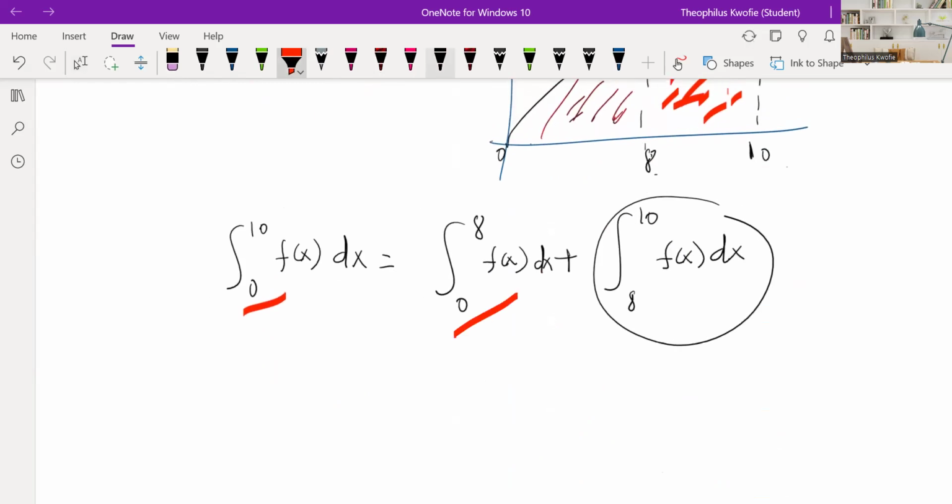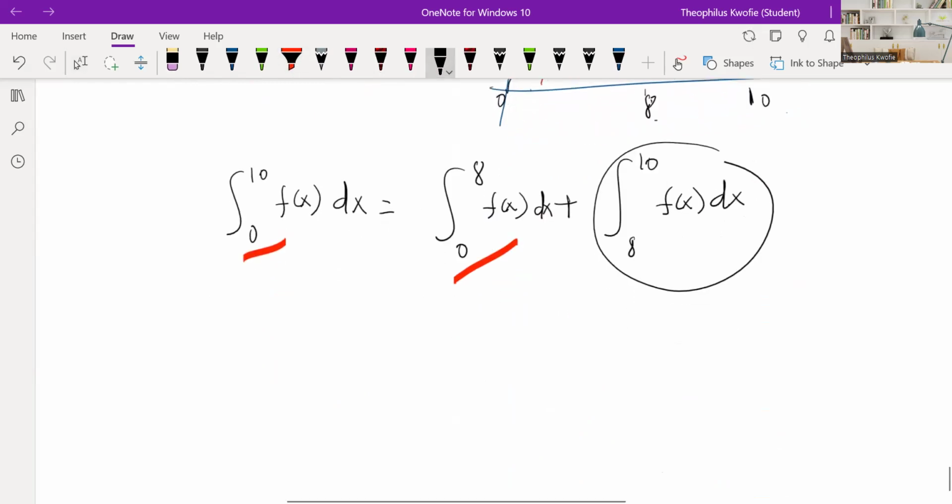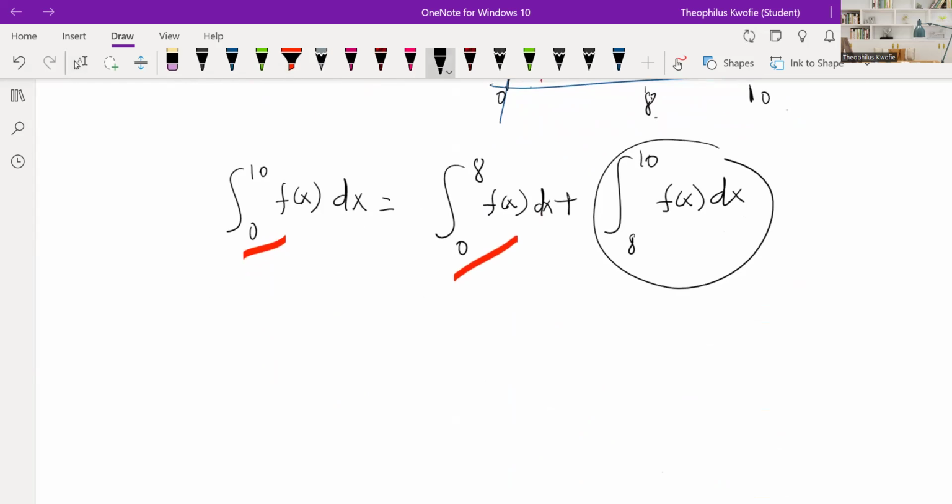Is that okay? So all that we need to do is to separate this particular integral. This implies that my integral with lower limit of 8 and upper limit of 10 would be what?